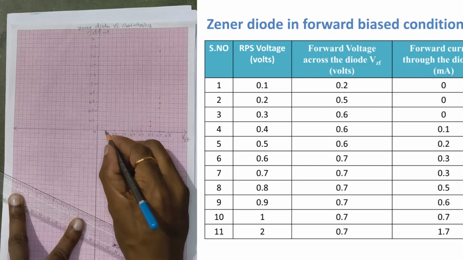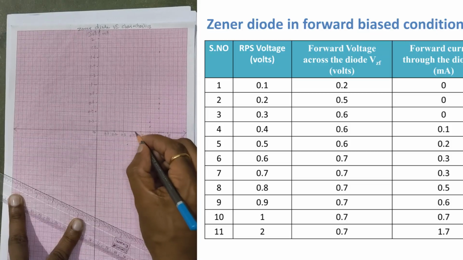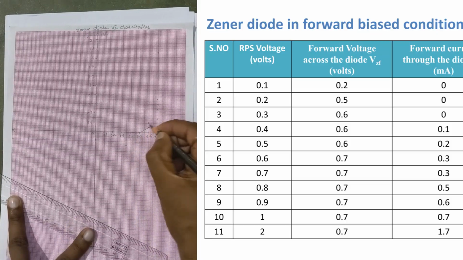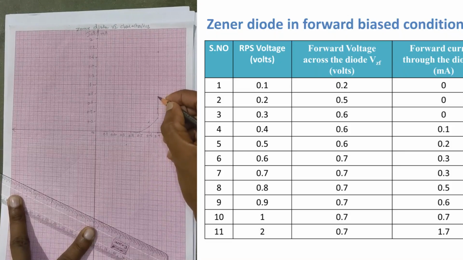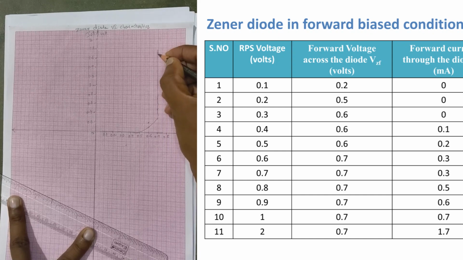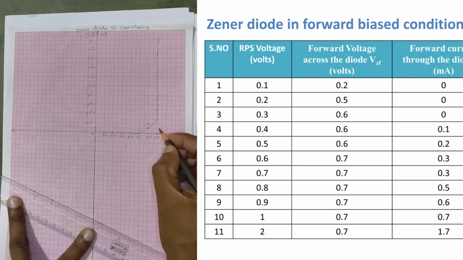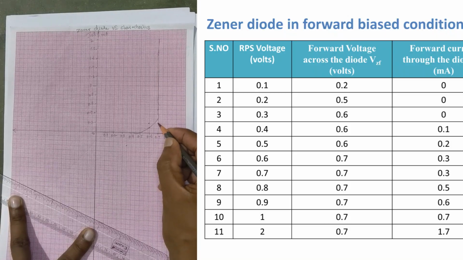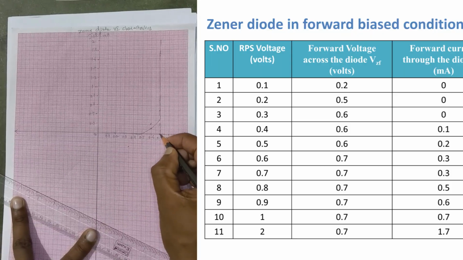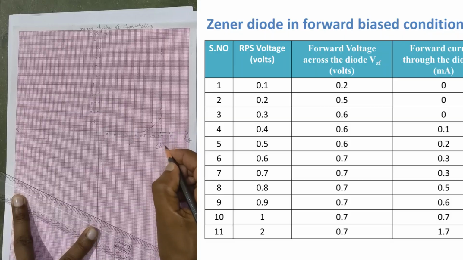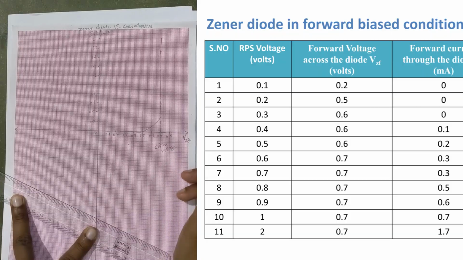Now if you draw all these points freehand, neglecting one or two points, this is the Zener diode forward bias characteristics. This voltage is called the cut-in voltage for the Zener diode.